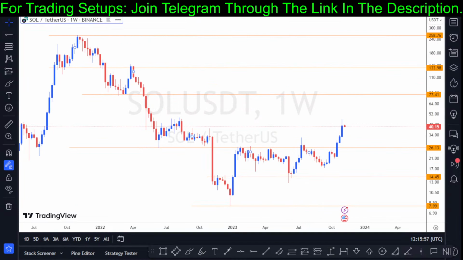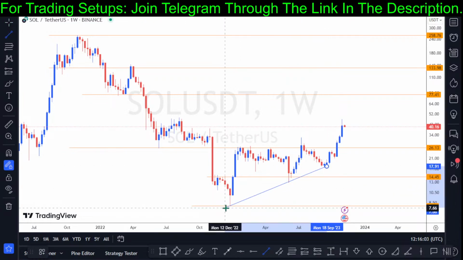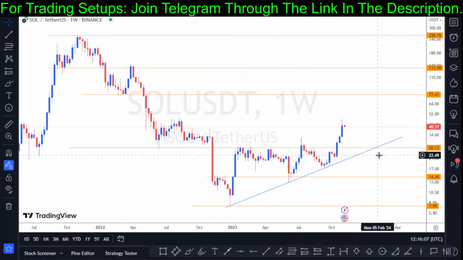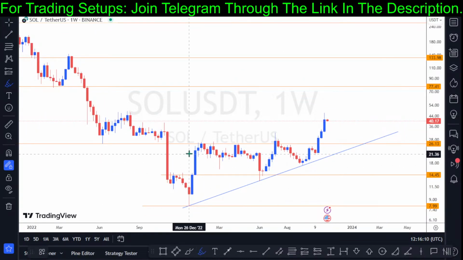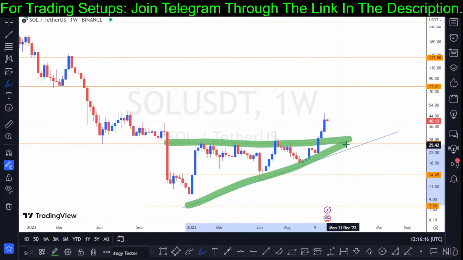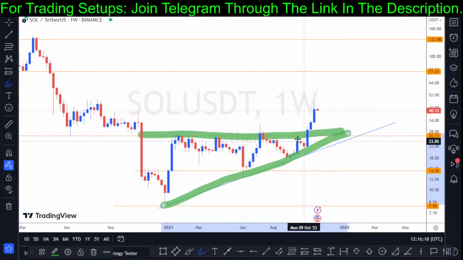Okay, so based on what I have, we have another rising trend line from the bottom right here. You can see that. If I fire it upward, what you can see is we have a breakout of an ascending triangular formation on Solana. So we already have a breakout.